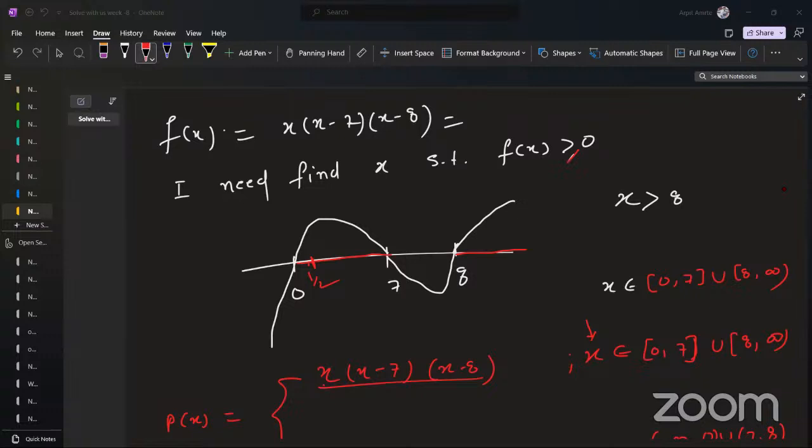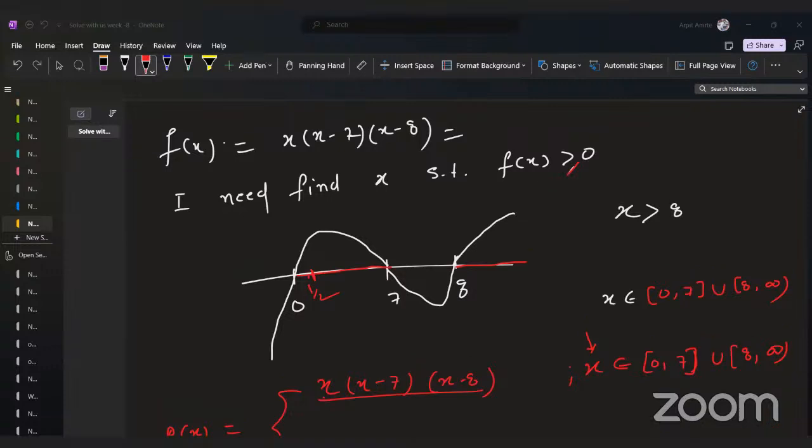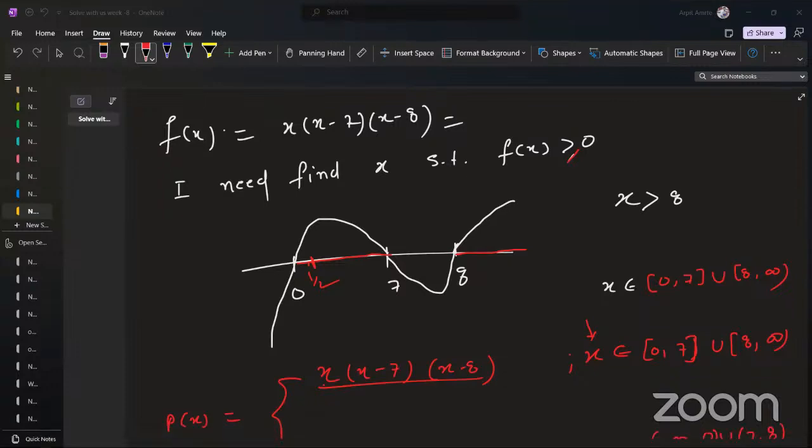Sir, one doubt in activity 8.3. I think the answer given is wrong. Okay, let's see.